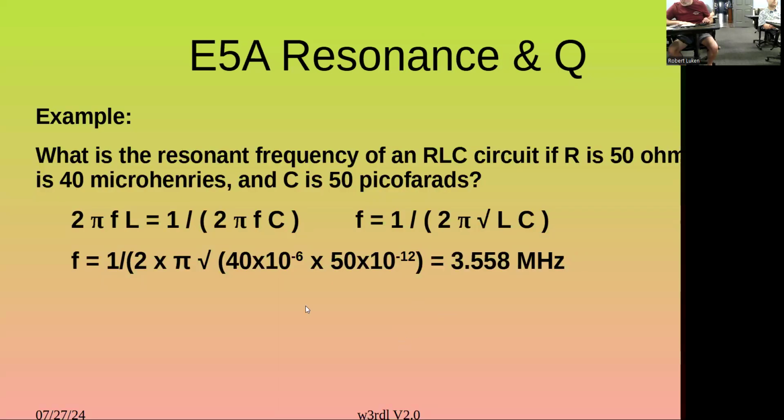So an example of how you calculate this, if you got a circuit and you got 50 ohms in series, it really doesn't matter if it's series or parallel for this one. 40 microhenry inductor and a 50 picofarad capacitor. So if you plug those into the formula and do it in 10 to the minus 6 to minus 12 powers, some people can do that in their head.